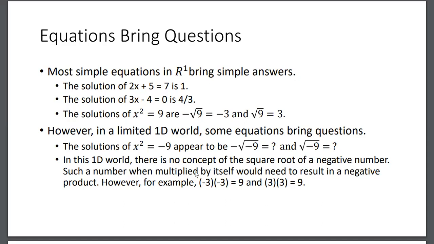Such a number, when multiplied by itself to square it, would need to result in a negative product. However, if you take any number, whether it's negative, -3 times -3 is a positive 9, or whether it's positive, +3 times itself is a positive 9, you don't get a negative. It's not surprising that in a limited world, a one-dimensional world, there are indications of other things that are foreign to this world.